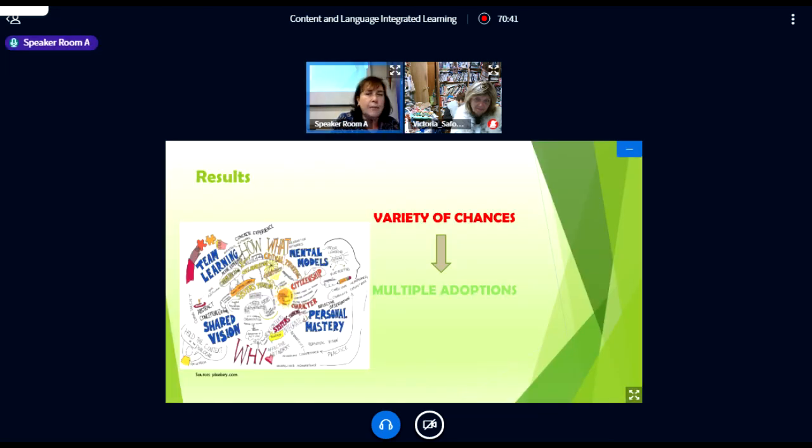But what clearly emerges is that teachers tend to use more than one pedagogy in their experience, and also linguistic approaches, albeit to a lesser extent.